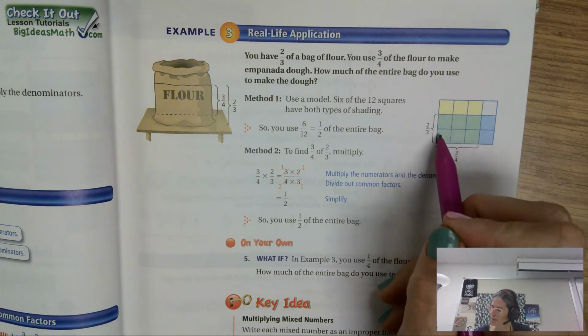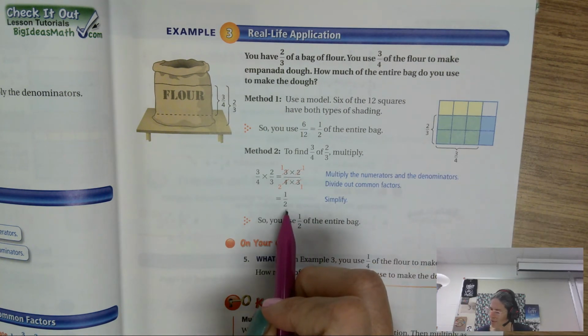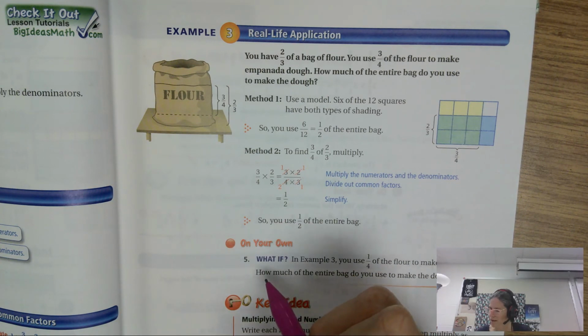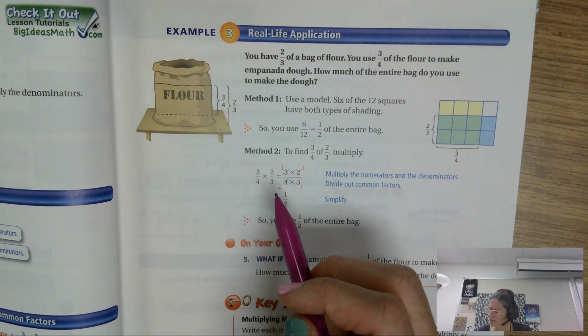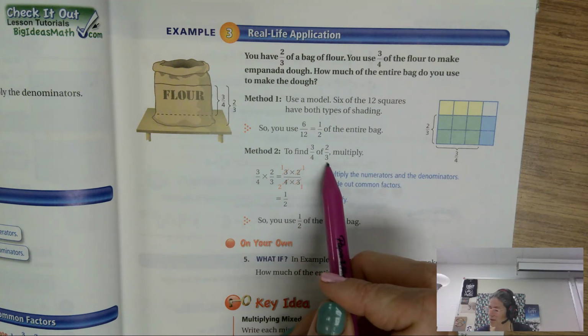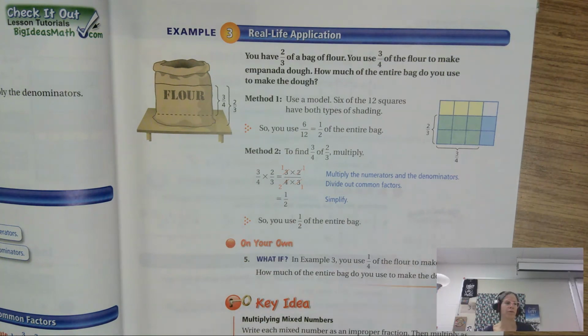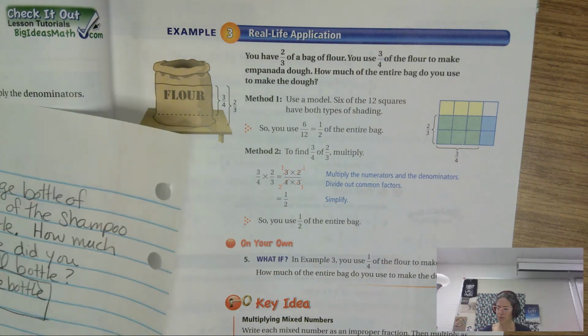Where they meet, the 2/3 of a bag, and I used 3/4 of that, I ended up using half of the bag. And that is how you find 3/4 of 2/3: you just multiply your fractions together, just like they did in the book.